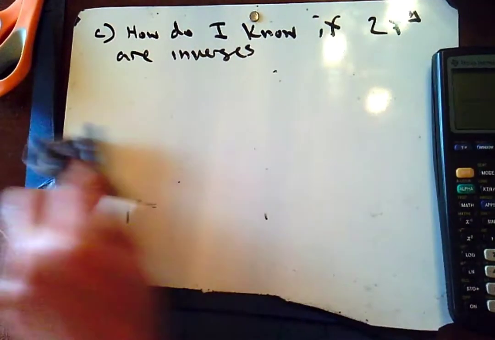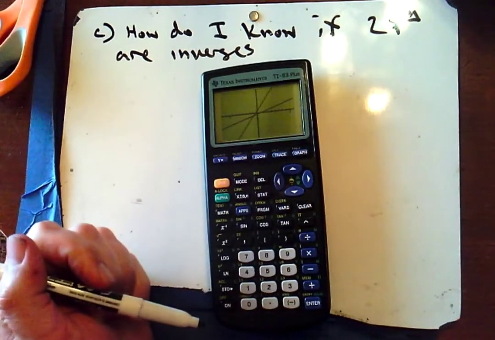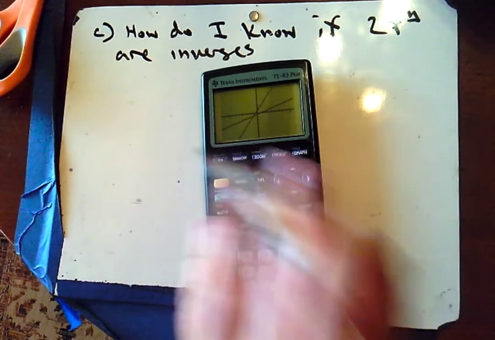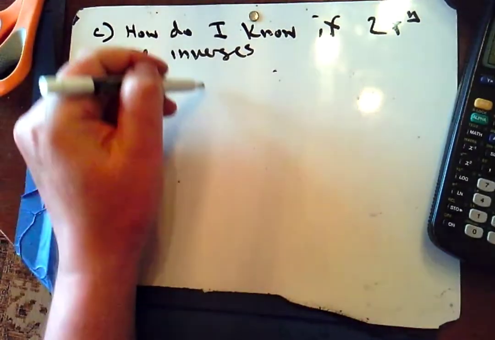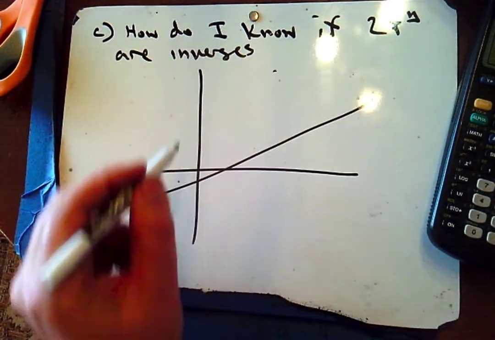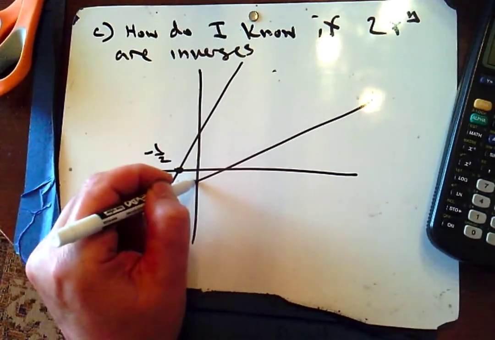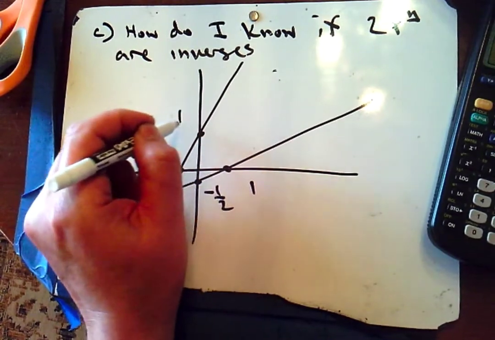What about from a graph? How can I tell by looking at a graph if two functions are inverses? These two functions are inverses, but what is it about inverse functions? Well, I know two things. The first thing I know is, there's negative 1/2, and there's 1.